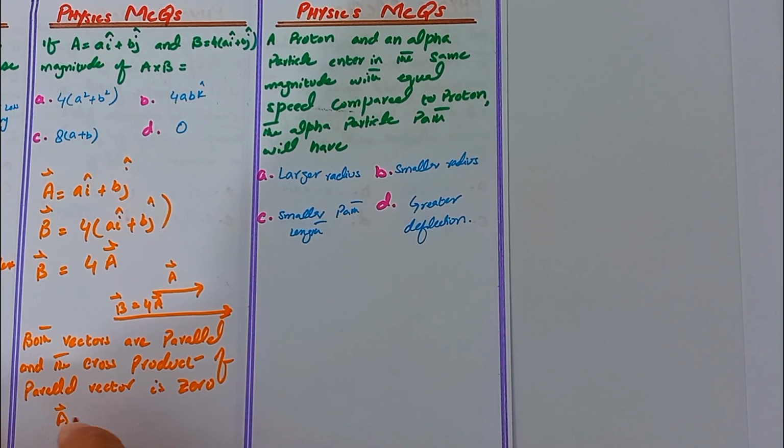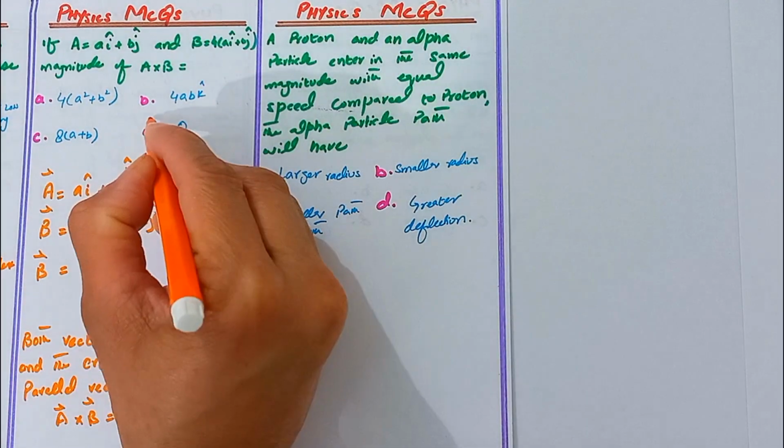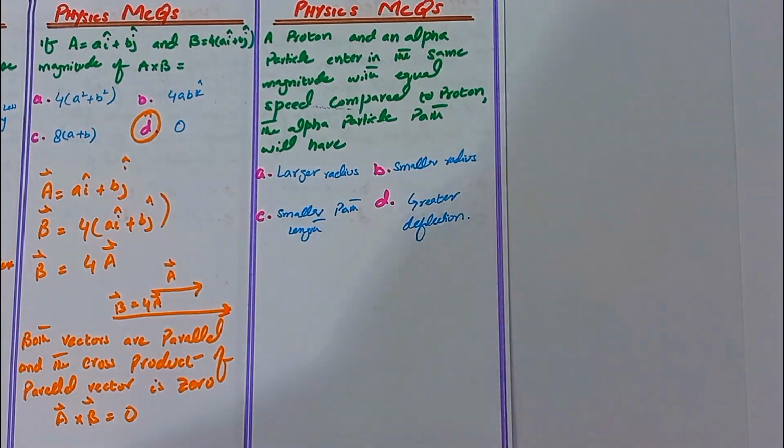We know that the cross product of parallel vectors is 0. Here A cross B, both are in the same direction, so the cross product of these two vectors is 0. So our correct option is option D, that is the answer 0.